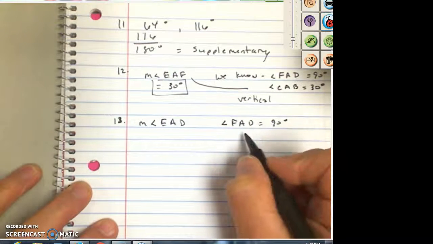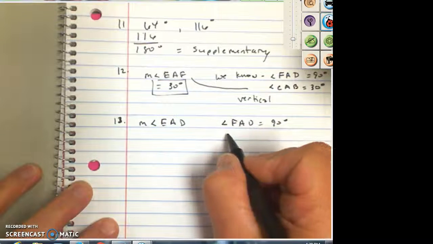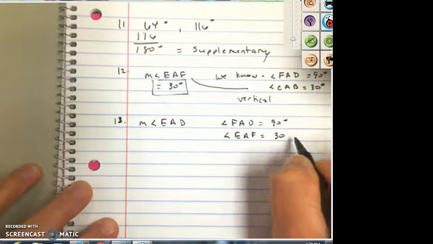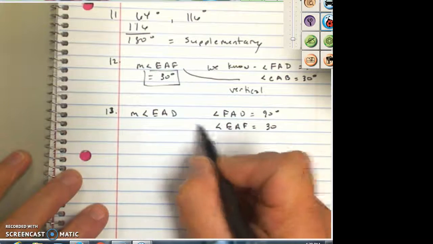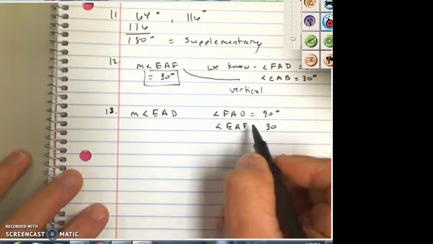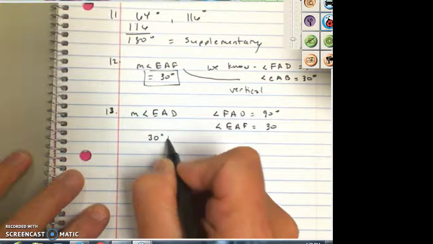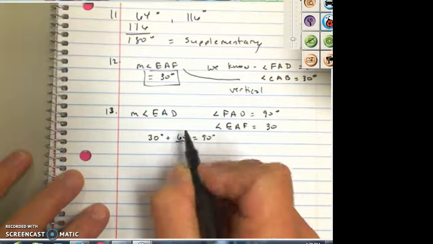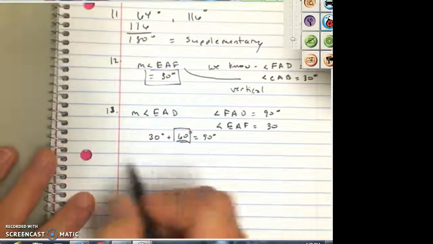And if FAD is equal to 90 degrees, and we know that angle EAF is equal to 30 degrees, these two together have to equal 90. So we know that 30 plus 60 degrees is equal to 90 degrees. So our missing angle is 60 degrees. Our answer is 60 degrees.